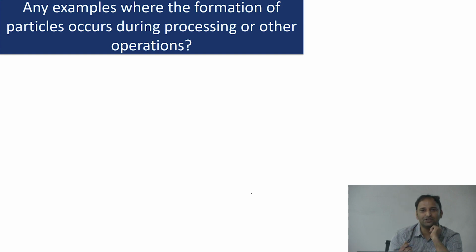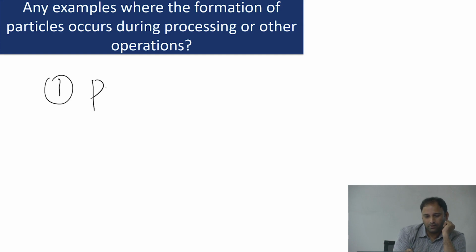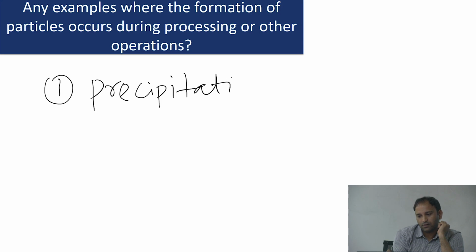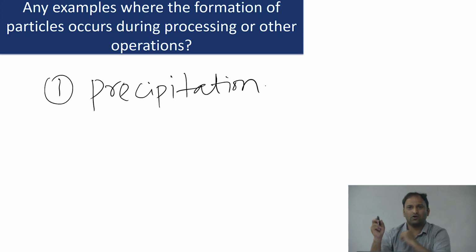Precipitation, right? Precipitation is one example. All of you have heard this word called precipitation, right? This typically happens when, in a loose term, the fluid becomes insoluble for the particle.